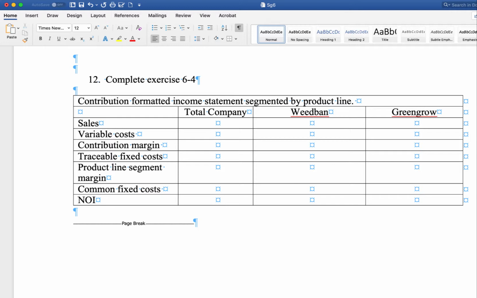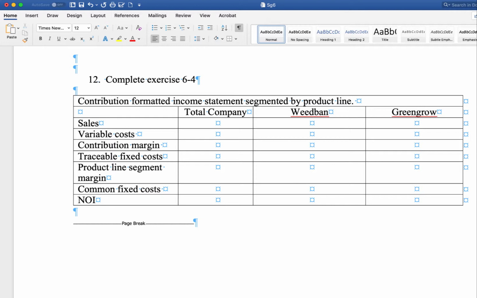The difference between the two is pretty easy, right? Traceable fixed costs means that we can trace them to a specific product line, segment, whatever, right? Traceable fixed costs, say if we get rid of a unit, guess what? Those fixed costs are specific to that unit or that product line or that division or that segment or whatever. If we get rid of that, those traceable fixed costs go away.